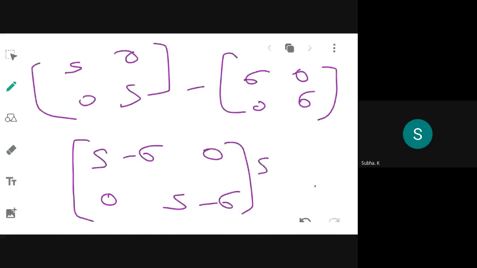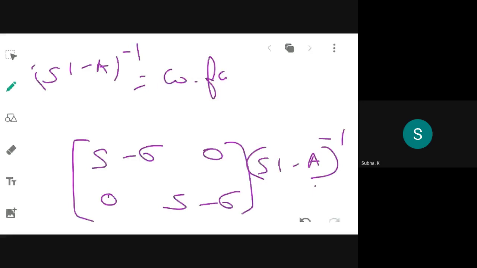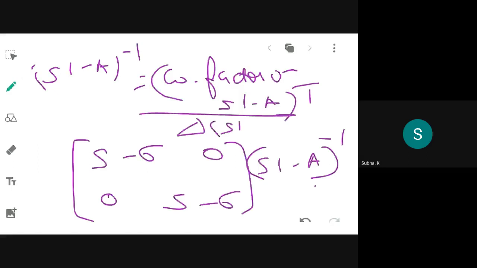And the formula for taking inverse is cofactor of sI minus A, transpose, divided by determinant of sI minus A. So what is the determinant? I think it is s minus sigma the whole square.